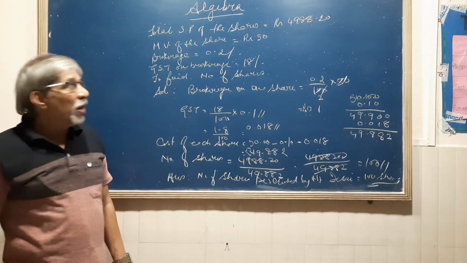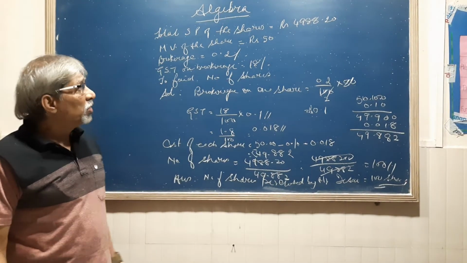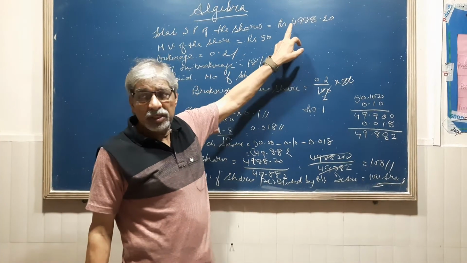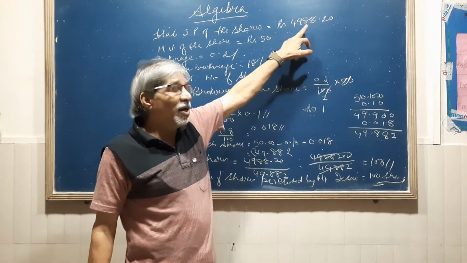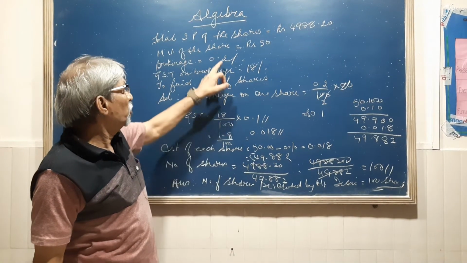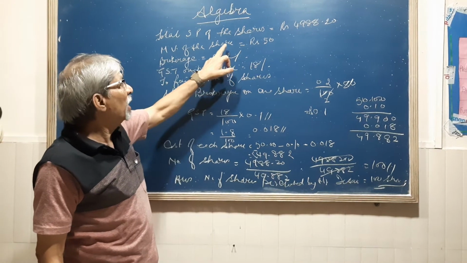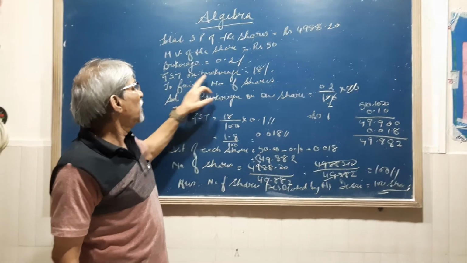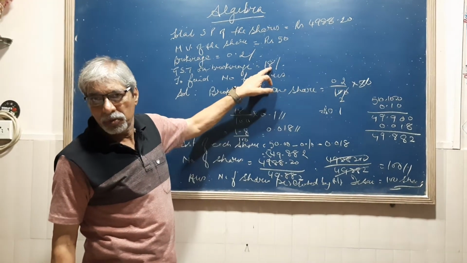You can just go for a recap. Right in the beginning, what is the total money received by Mrs. Desai? That is 4,988.20. And on that there is brokerage of 0.2%. Market value is rupees 50, and GST on brokerage is 18%.